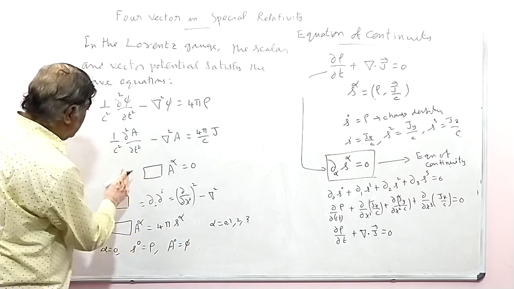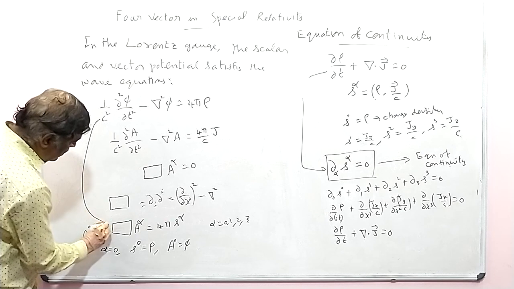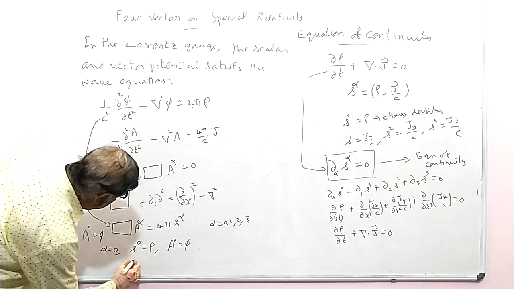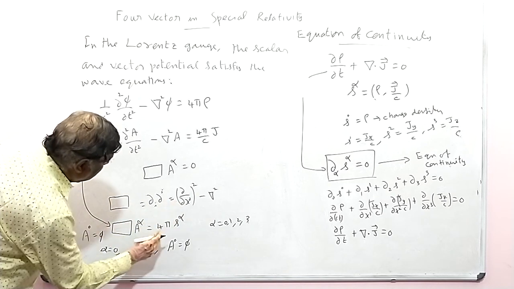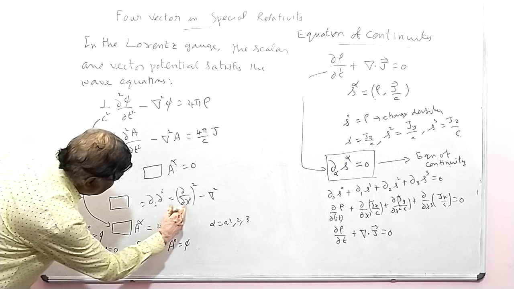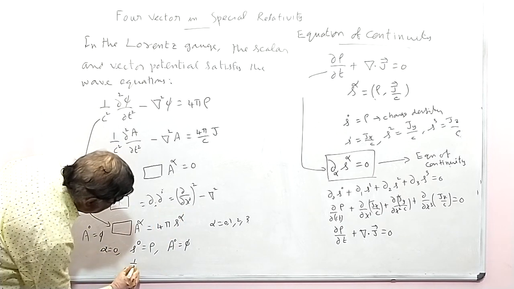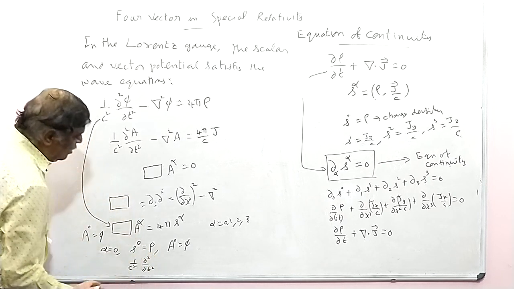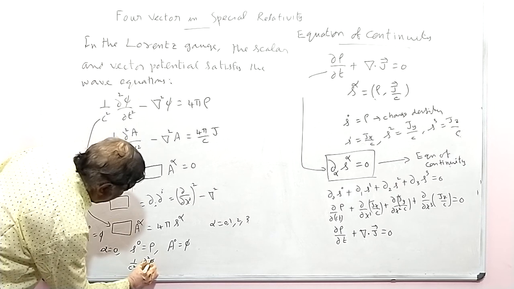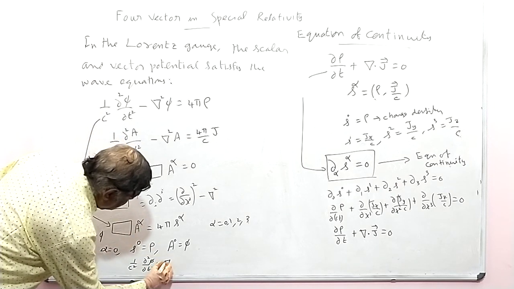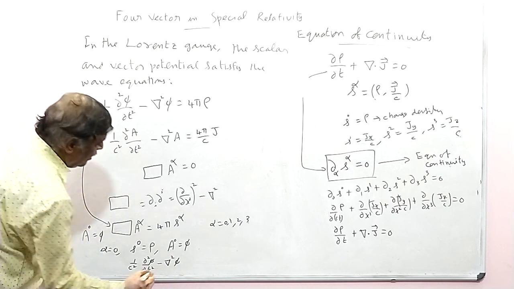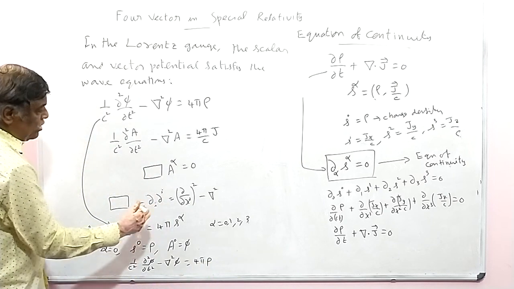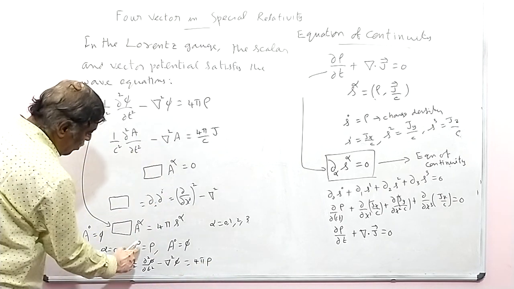Therefore this equation becomes like this. Here there is a CT, so 1 by C square d square by dt square of phi minus del square phi is equal to 4 pi rho. So you will get this expression if you put alpha equal to 0.